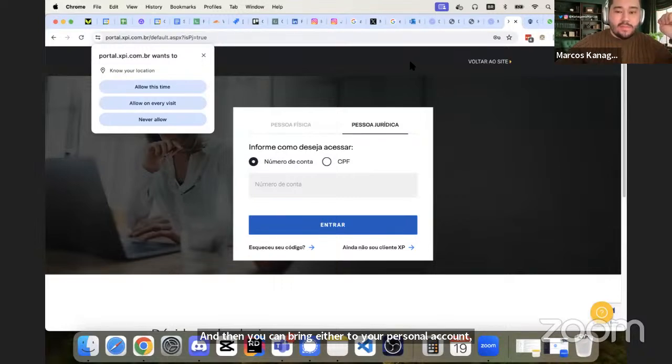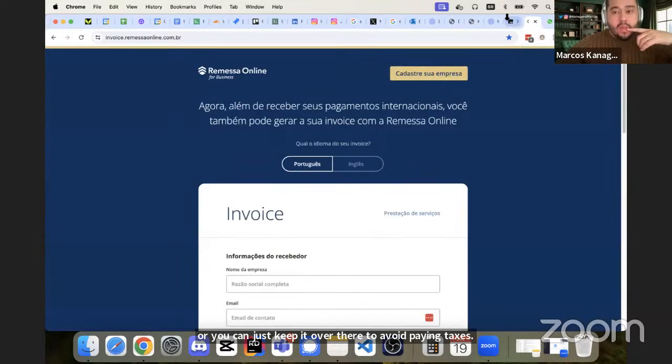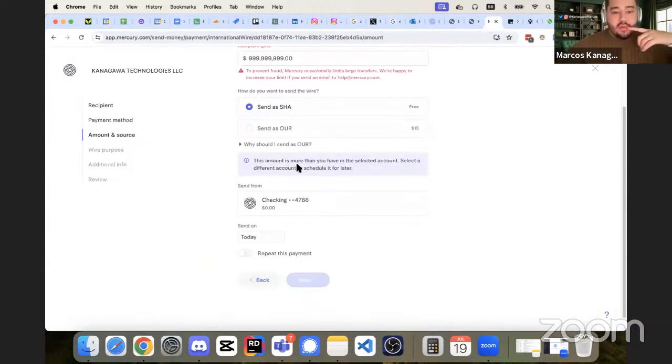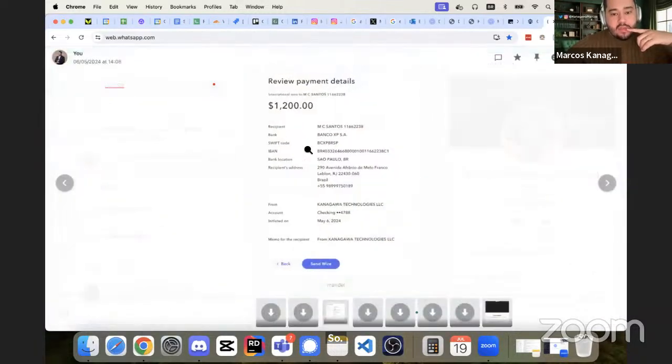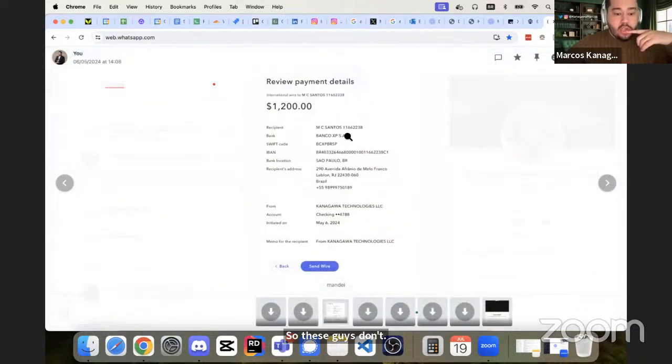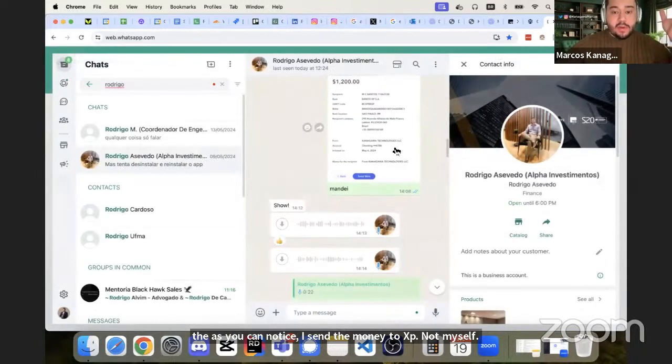I didn't understand why do you need to use Remessa Online? Okay. So remember when I send the money here? As you can notice, I send the money to XP, not to myself, because it's an international transaction that's happening.